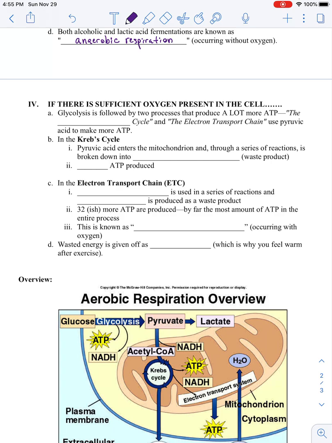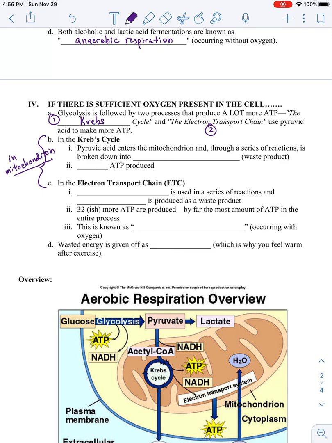Those processes are called the Krebs cycle, which is going to happen first, and the electron transport chain, which is going to happen second. In the Krebs cycle, and again, I'm going to put a little bracket over here, and I'm going to put in the mitochondrion, because glycolysis and fermentation would happen outside of a mitochondrion.